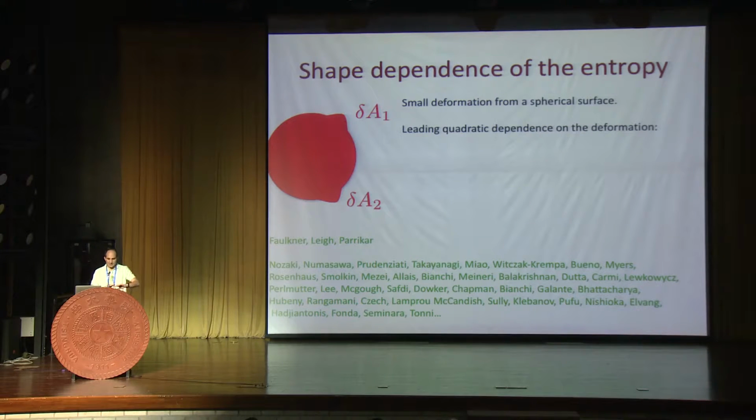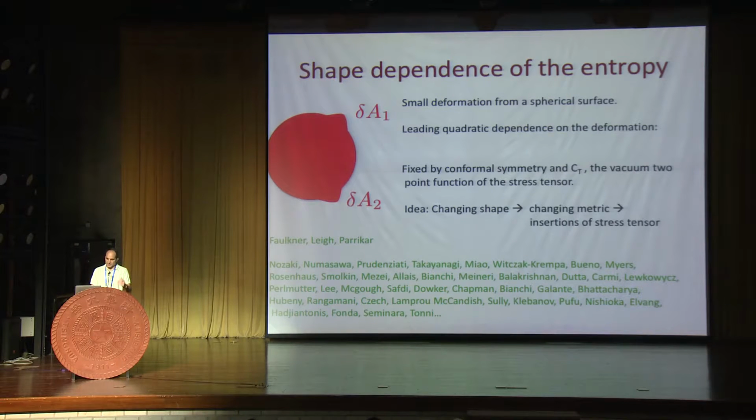So people have looked, and this received a lot of attention, so they looked at the simplest configuration, let's say, a sphere in a conformal field theory that's related to this plane configuration by conformal transformation. And we can consider two small deformations of this sphere, and to leading order the dependence of the entropy on these two deformations is fixed by conformal symmetry.